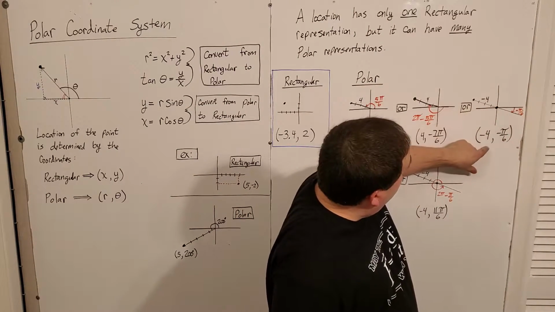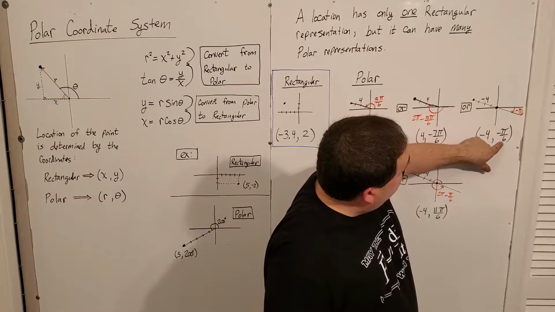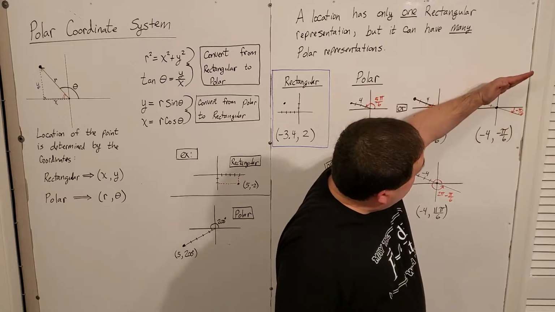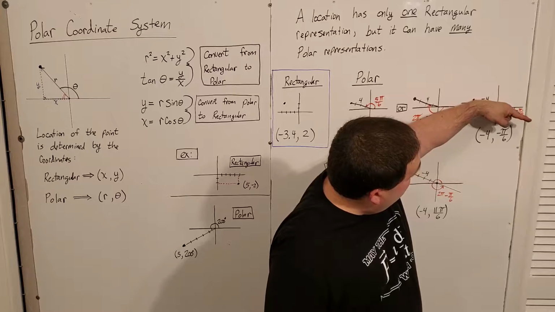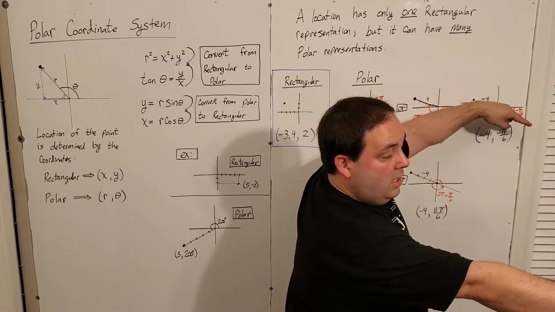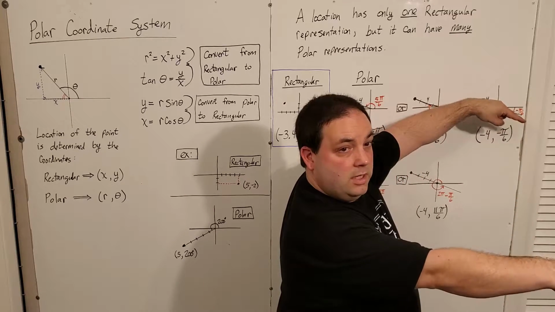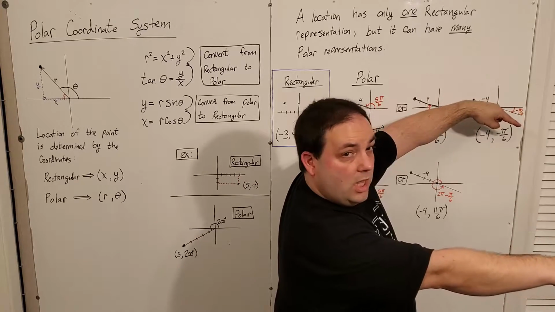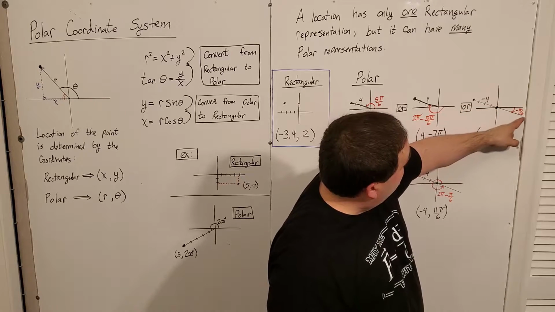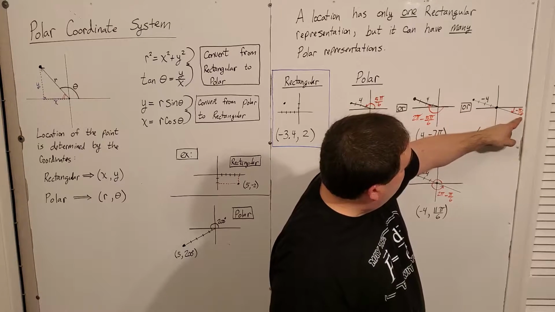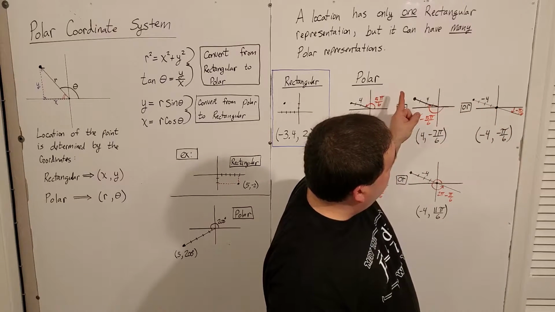Okay? So here's what you can really think of this as. When I'm graphing this point, I rotate first to the angle, negative pi over 6. So that puts me in quadrant 4, pointing this way. Right? But what I did was I drew not just the line into the center, I drew the line all the way through the center and to the other side. Right? Notice I just drew a straight line and it went through the center to the other side.